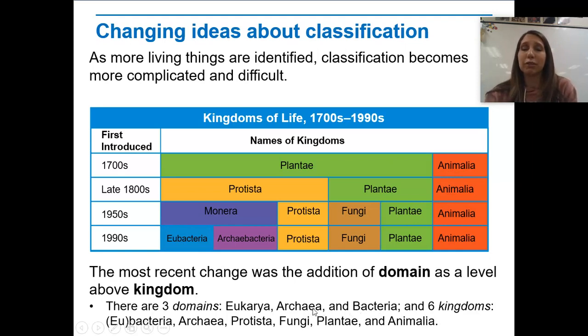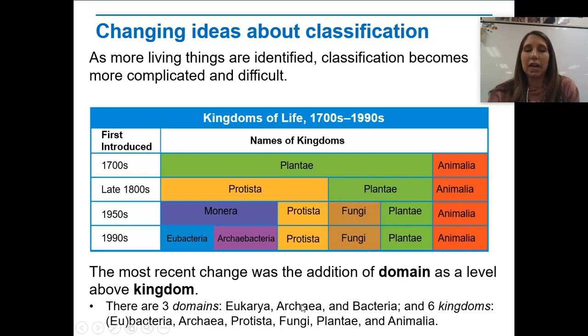But again, they're so different from one another that they've tried to emphasize this by creating this whole new level of domain to show how different they are. So all living things in that case can fit into one of these 3 domains. Within that Eukarya domain, we have 4 kingdoms. So we have Animalia, Plantae, Fungi, and Protista.